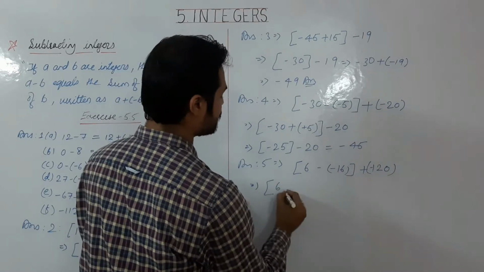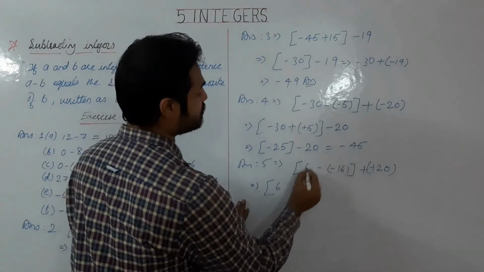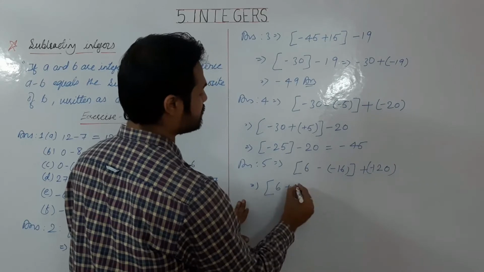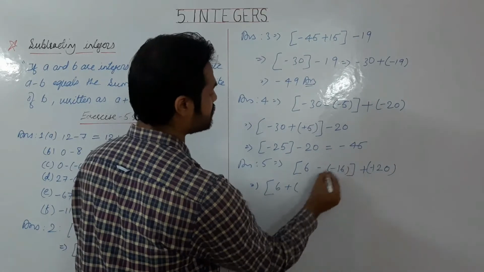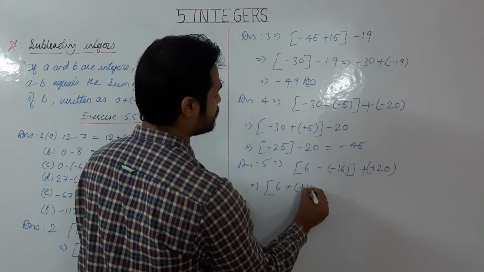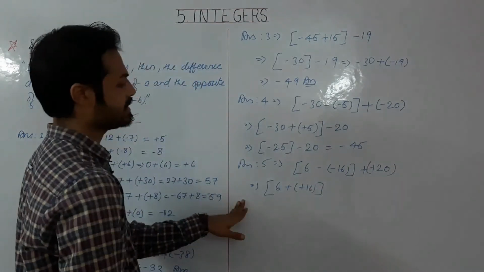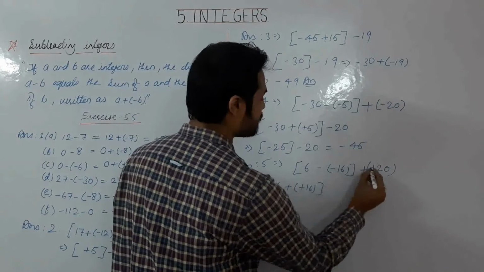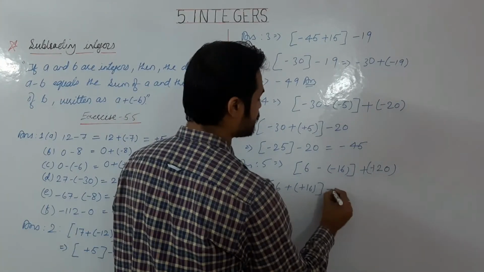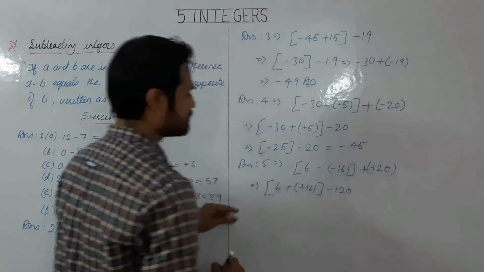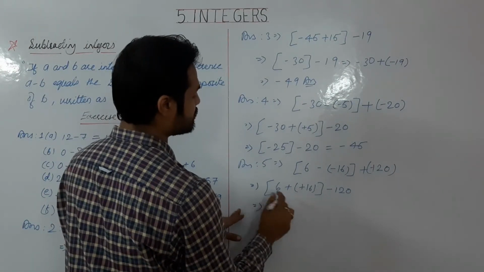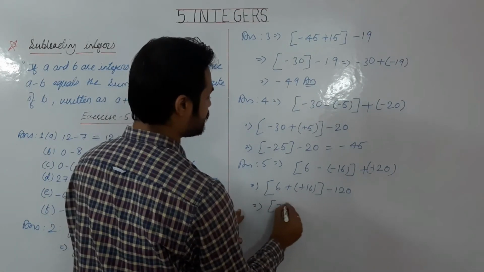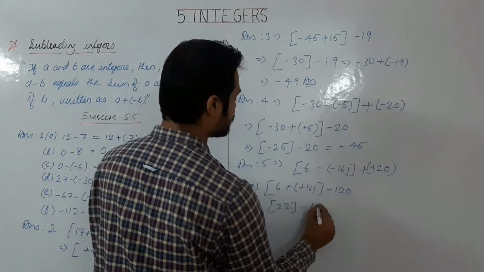6 minus minus becomes plus. What to do? We have to replace this negative sign by writing positive or plus, and we have to write the opposite of minus 16 also. So this will be the second step, and plus minus 120, so we'll write minus 120, then 16 plus 6 is 22 minus 120.